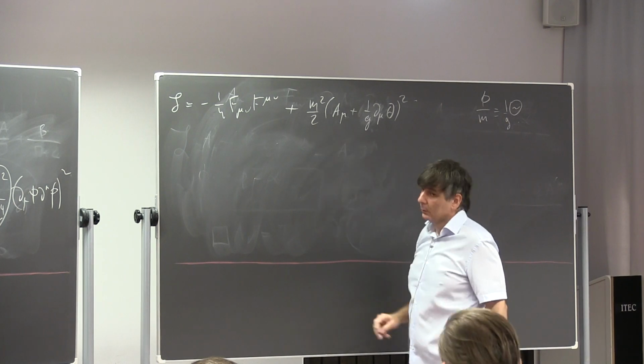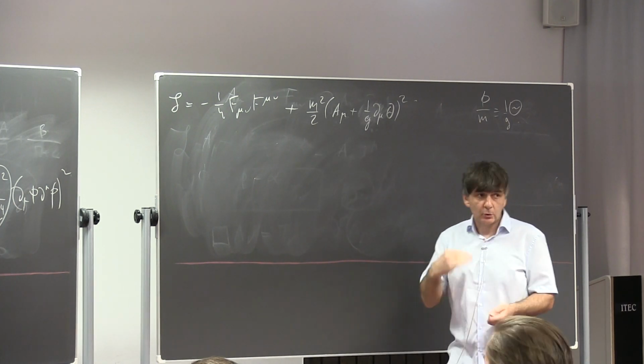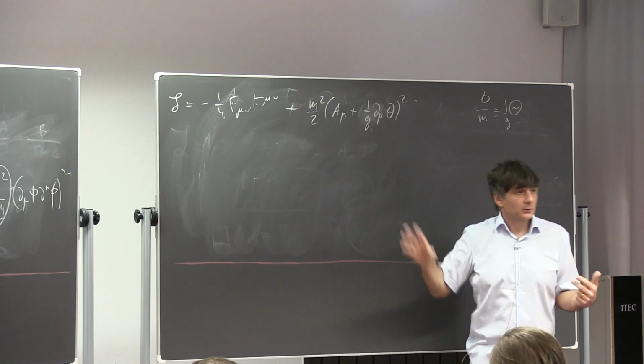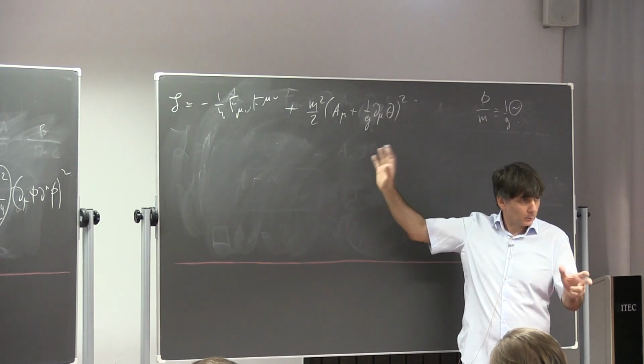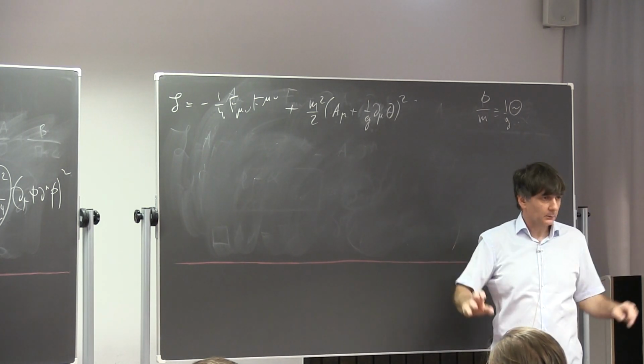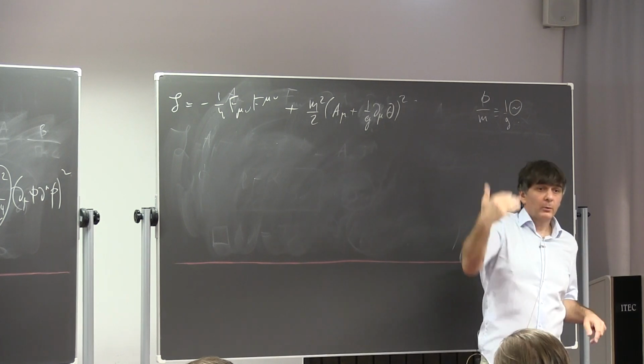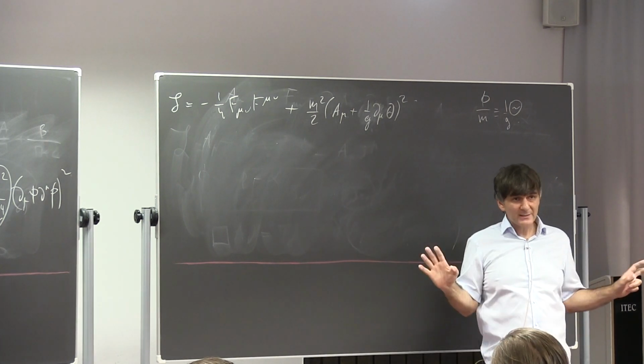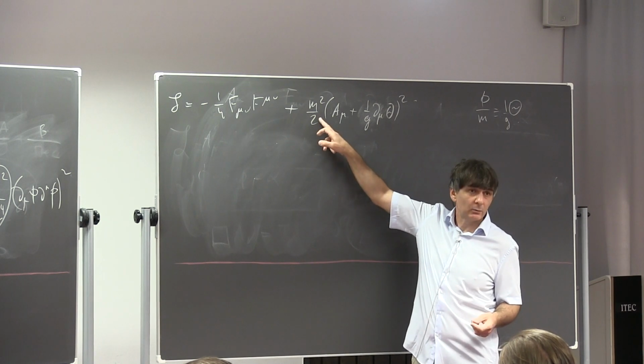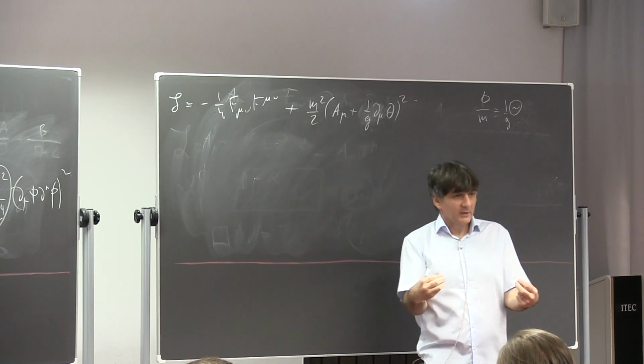Now, what I need to do is ask the following question. This is Proca theory, in which we wrote the mass by hand. How do we go from here to the Higgs? Well, one step. What you need to do is to think about this mass as a field.